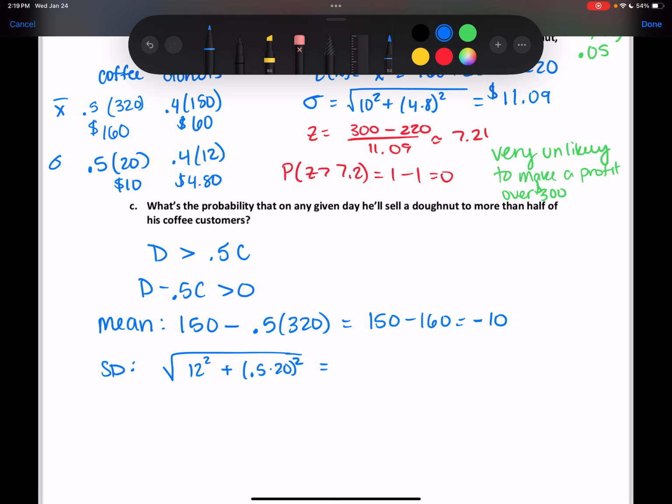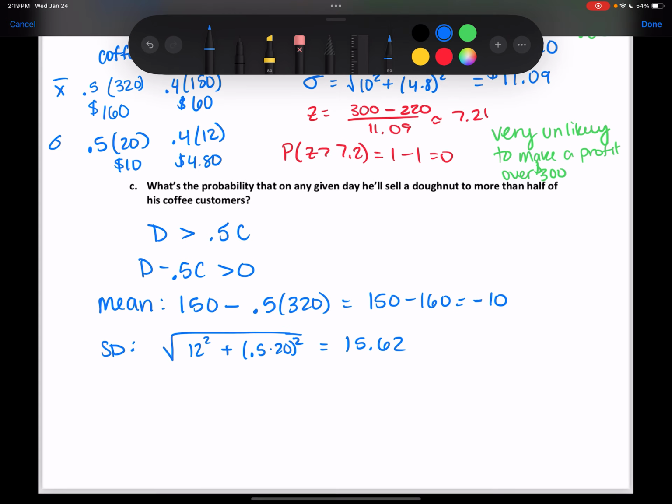Let me square root it: 15.62. So then, hold on, we might just do normal CDF this time. Let me make sure it works for this one.